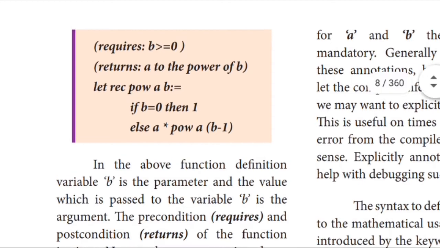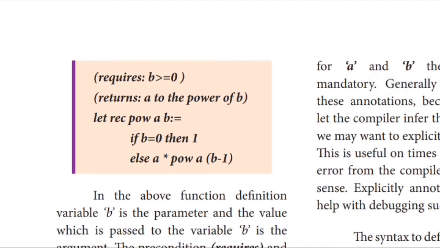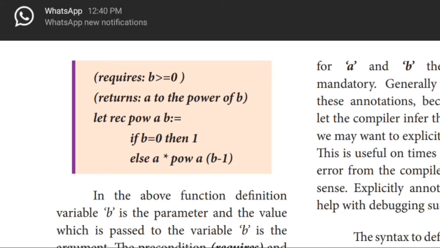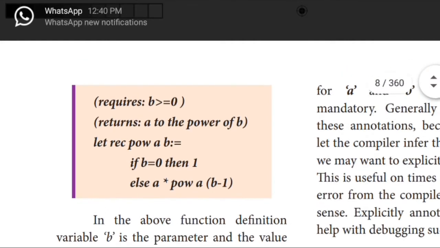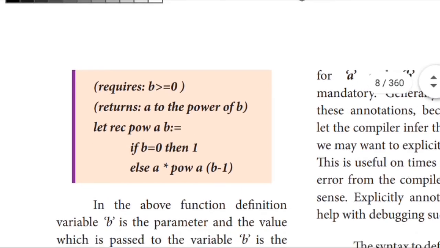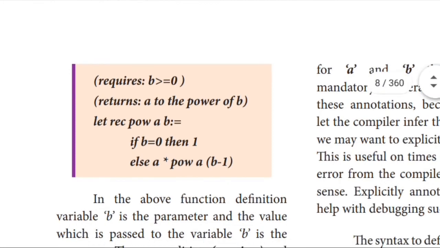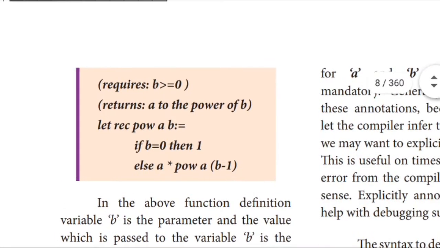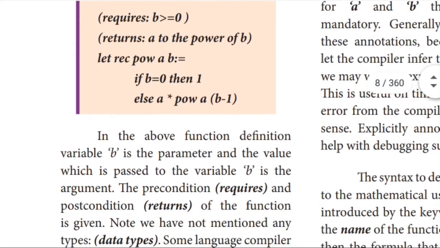Likewise, consider this as a function, and the variable used here as parameter and argument is b. So we are sending some b value to this function. Here in this program, b is mentioned, but we didn't mention any type like integer or character. We didn't give a data type definition in this program.